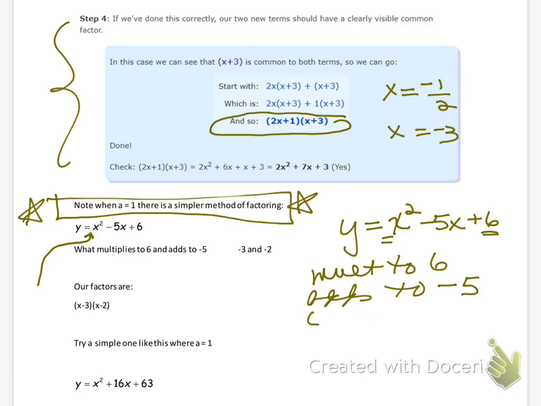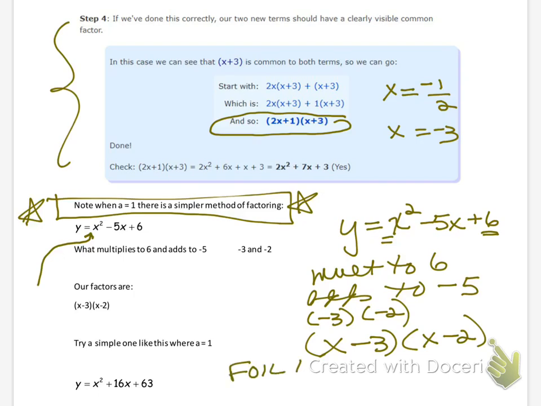So that's going to be a negative 3 and a negative 2. Okay, so therefore you can go right to factors. Put in your negative 3, put in your negative 2, FOIL it to check. It should verify that you get back x squared minus 5x plus 6, and then set those equal to 0 to get your roots. And your roots this time are going to be x equals 3 and x equals 2.